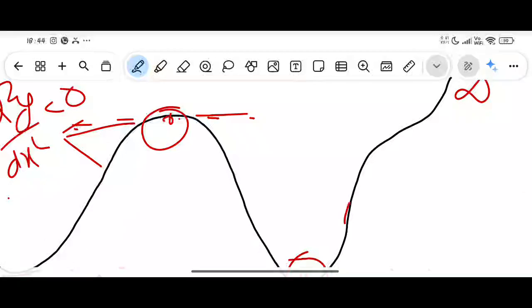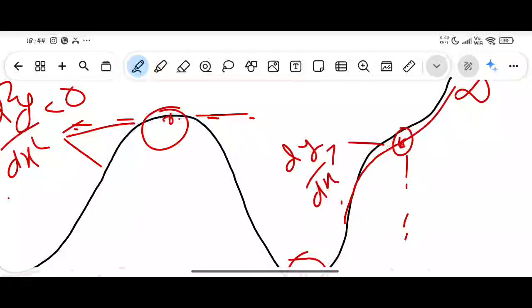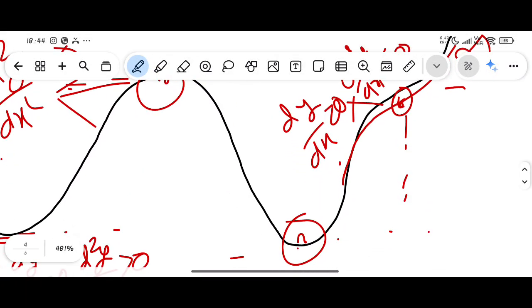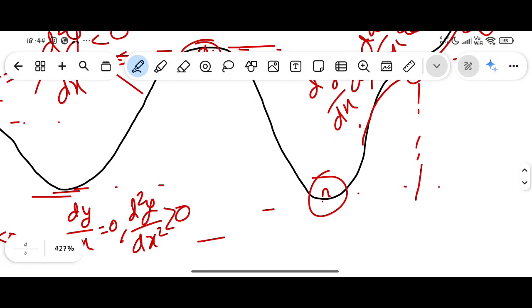Actually this should be drawn like this, more smooth for better understanding. So consider the red part. On the left-hand side of this point the graph increases but at a slow rate, that is dy/dx greater than 0 and d2y/dx2 less than 0, and here both values are 0. So this will be our point of inflection.